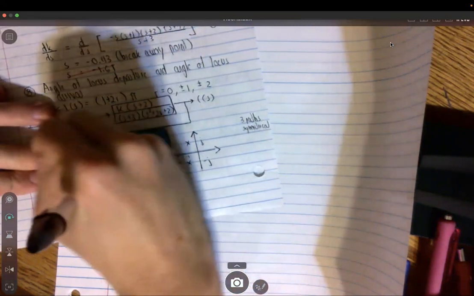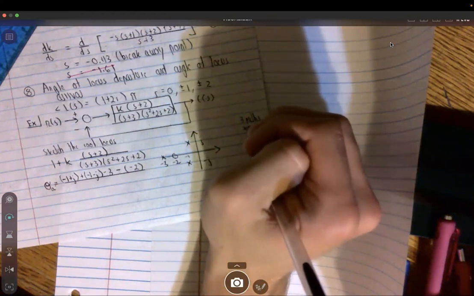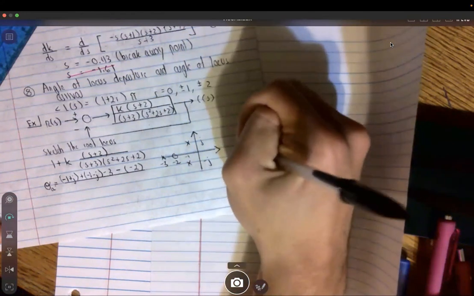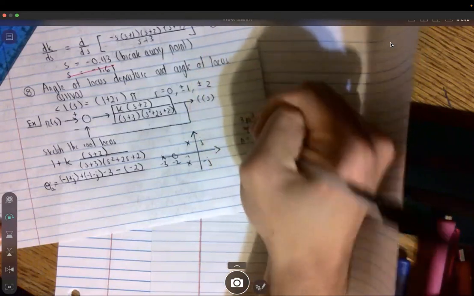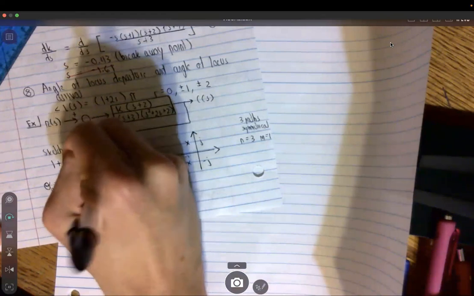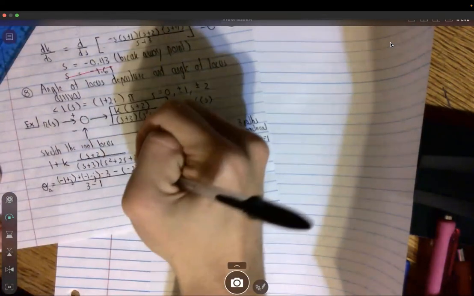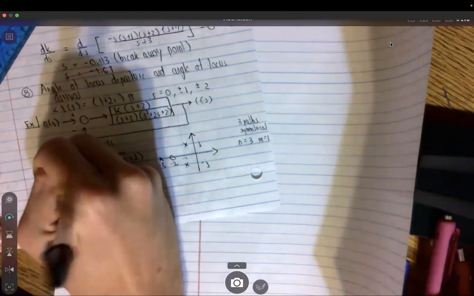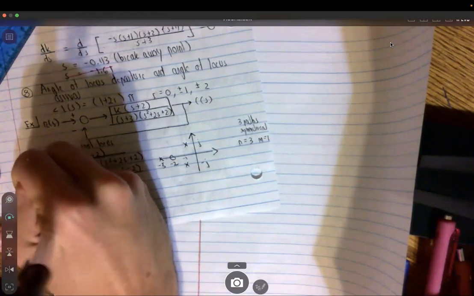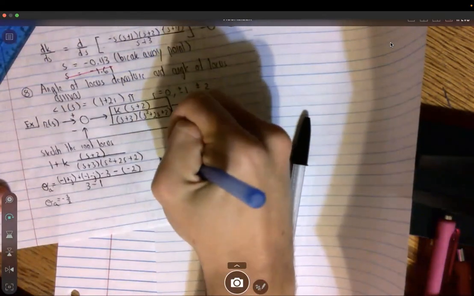Then all over the number of poles, which is 1, 2, 3, minus the number of zeros, which is 1. So it's 3 minus 1, n minus m. So you're going to get specifically -3/2, which is where your asymptotes occur. So that's right at this point here, -3/2.